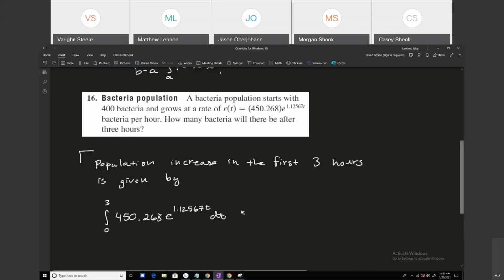And we know to integrate that function, we're just dividing. It's the same function, but divided by the coefficient in the exponent, the 1.12567.